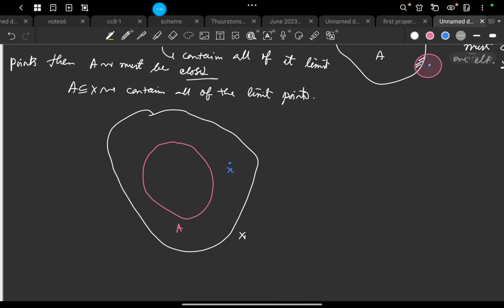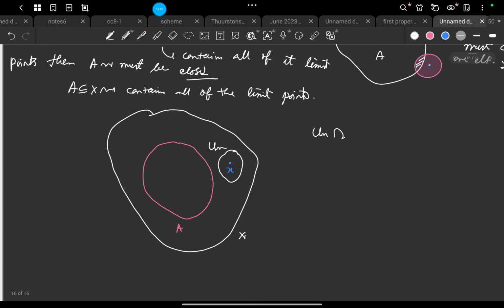So x is not in A, first of all. You see that x doesn't belong to A, so that means x is not a limit point. So there exists a neighborhood Ux such that Ux minus the singleton x, and since x is not in capital A, this particular thing is not needed.